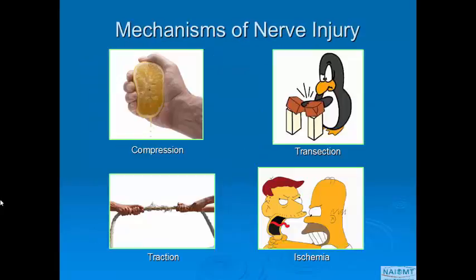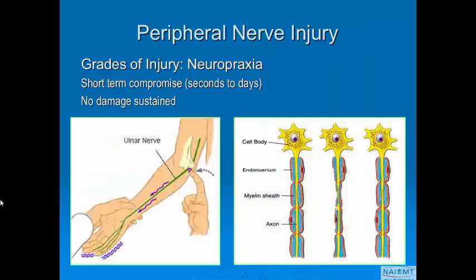Mechanisms of nerve injury that can occur at any of the sites we previously discussed are compression, traction, transection or cutting, or ischemia. In a peripheral nerve injury that is due to short-term compromise of the nerve, seconds, minutes, maybe into a day or two, there is no sustained damage.